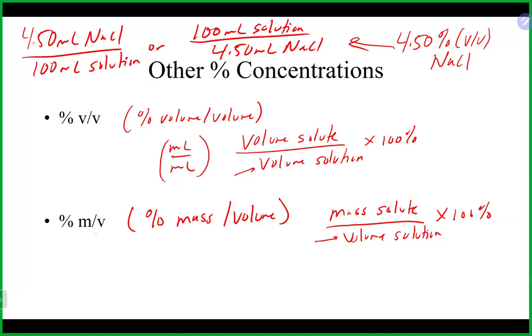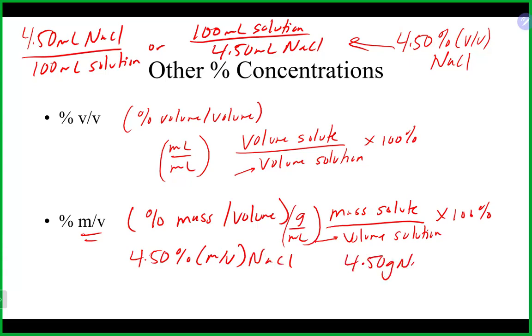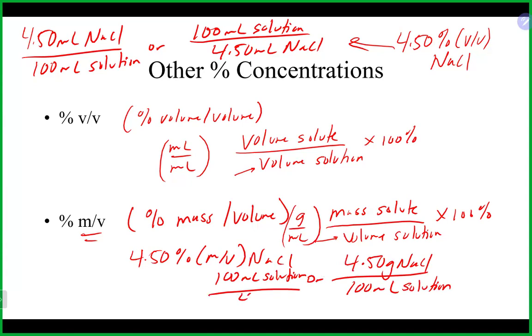You could also do it for this one as well. If you had a 4.5% mass to volume, almost like density, grams per milliliter is the units associated. You would have 4.5 grams of sodium chloride in 100 milliliters of solution, or flip it around, 100 milliliters of solution would contain 4.5 grams of sodium chloride.